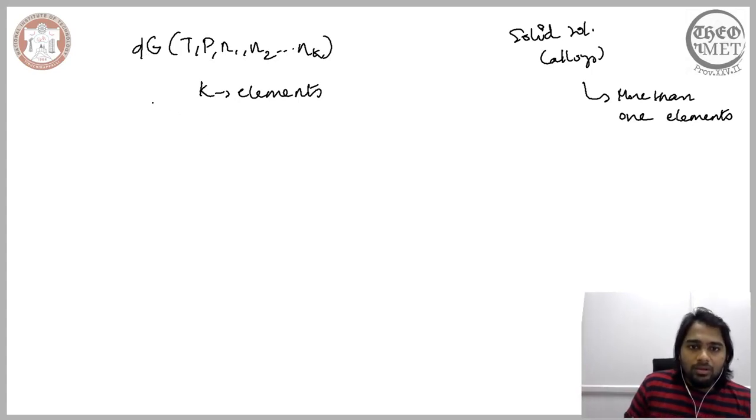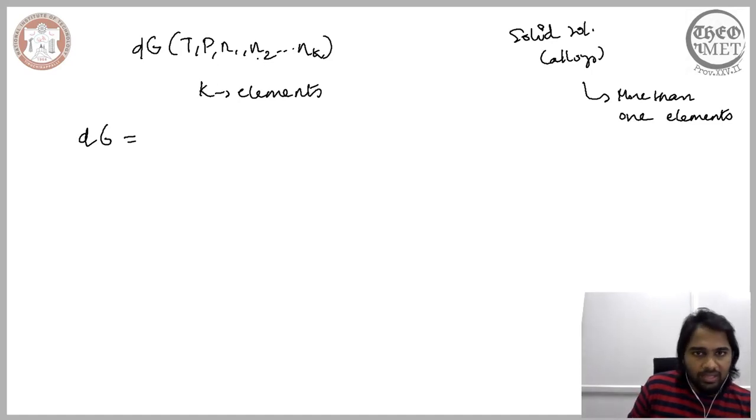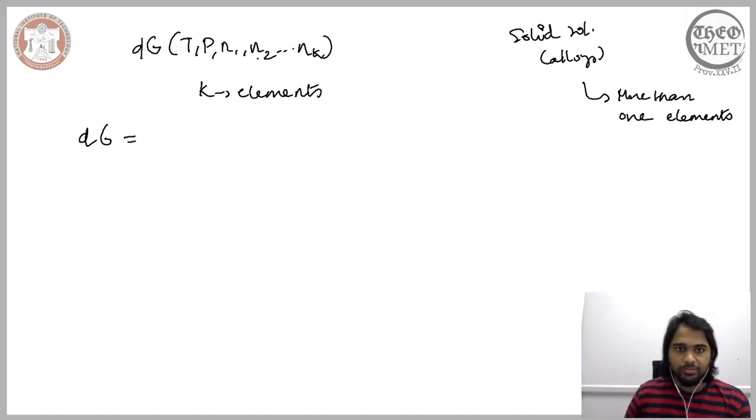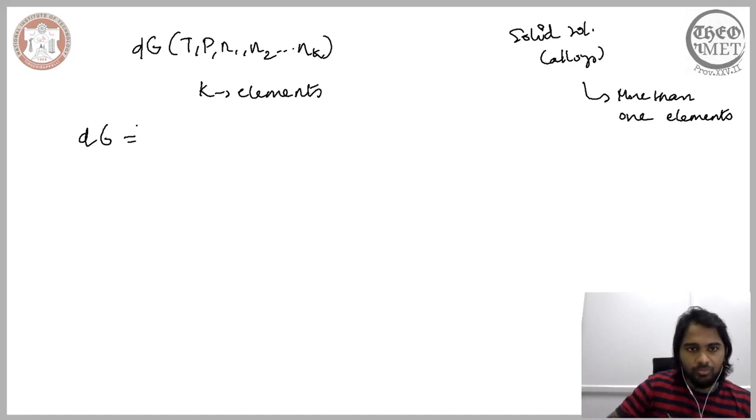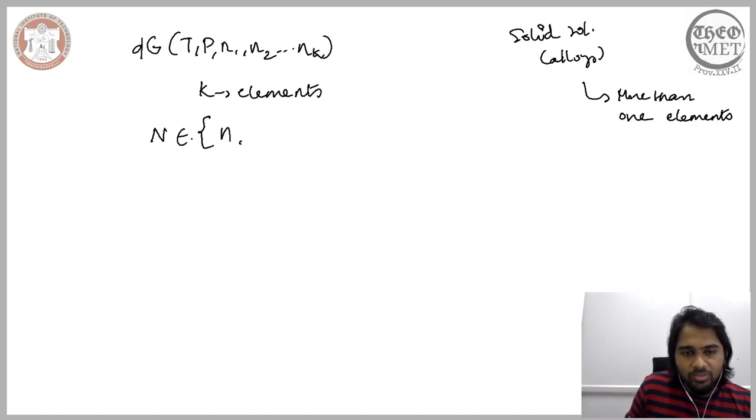Now, because all these are state variables, the overall change in the Gibbs free energy can be expressed as follows. Before doing that, let us make a simplification. Let us treat the amount of individual components as a capital N, so the capital N includes the amounts of individual components from 1 to k.